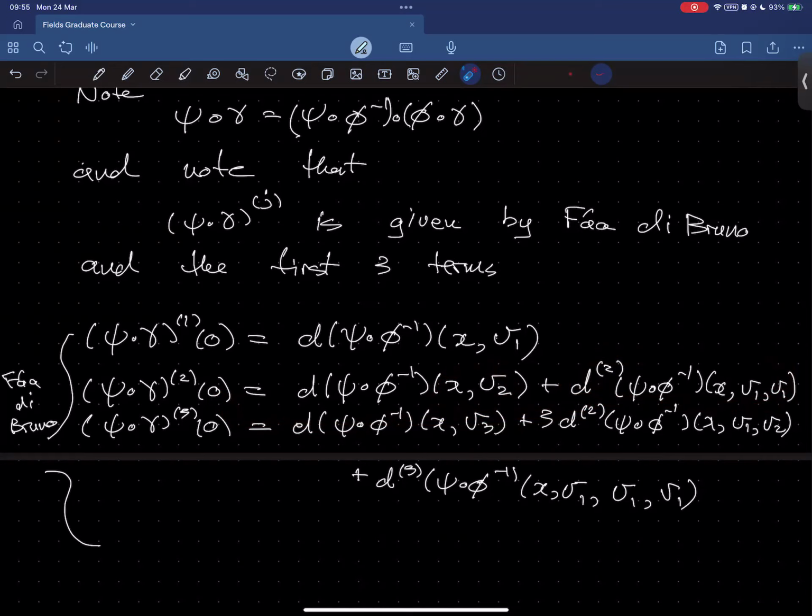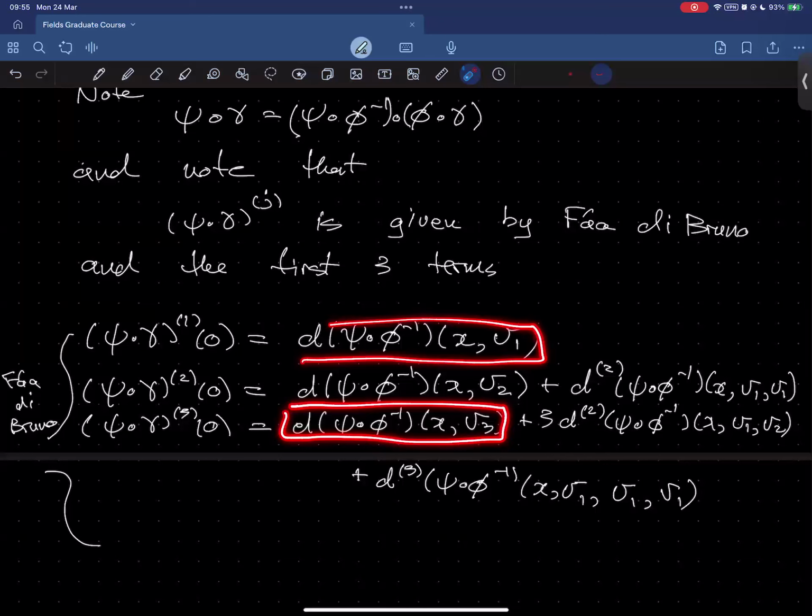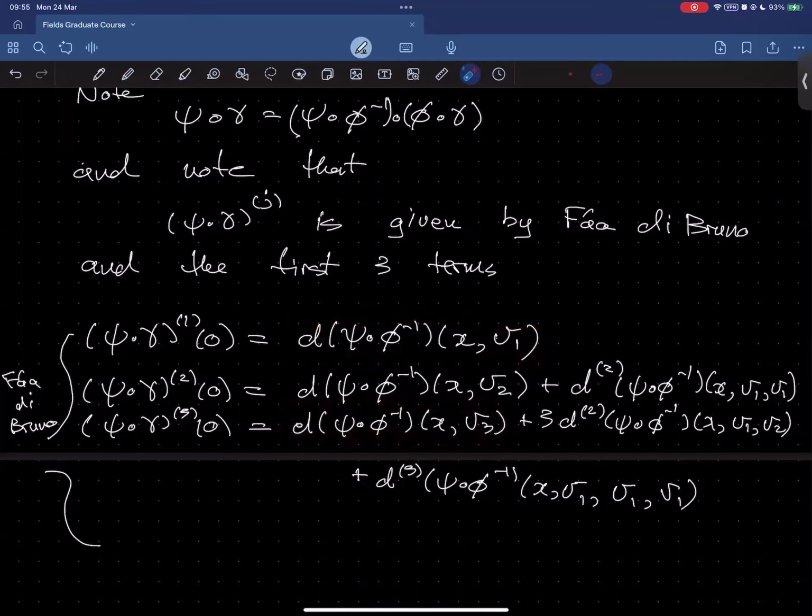And so that's how you ratchet this up order by order, because again, you always see that the highest order term is the same as the first order term. And then you get these nonlinear terms that appear with the highest order derivatives, and by nonlinear I mean they're nonlinear in the v's.